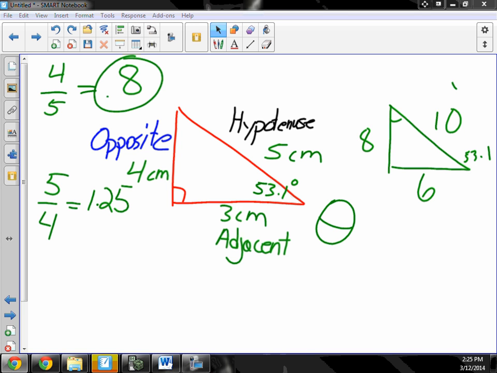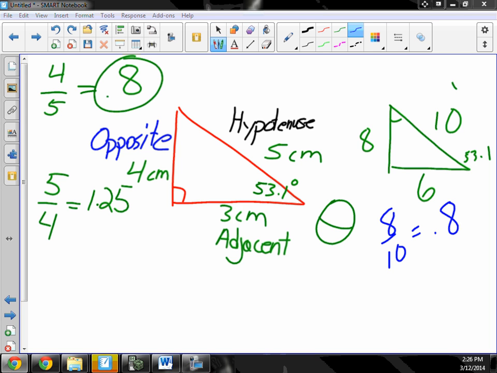What is the ratio of the opposite to the hypotenuse? It's still, well, it's 8 over 10, which is 0.8. Why did the percentage not change? It's similar, meaning it has a common ratio.